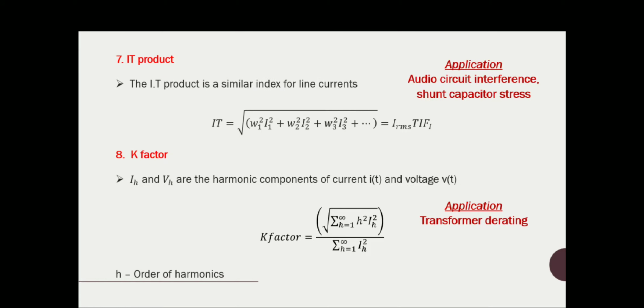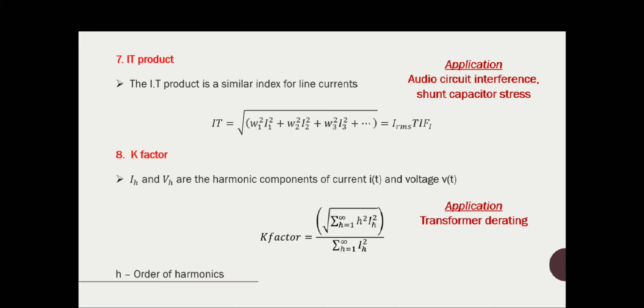Another one is IT product. Here it is similar to the earlier one, but instead of voltage, now it is current into telephonic influence factor in current, that is TIFI.